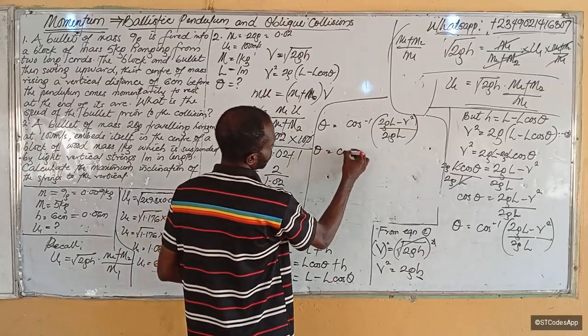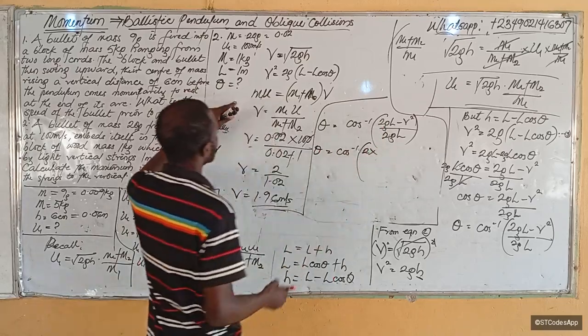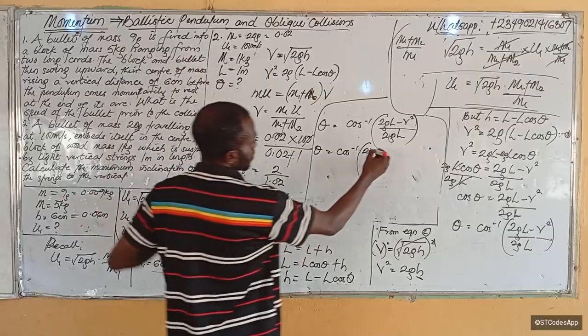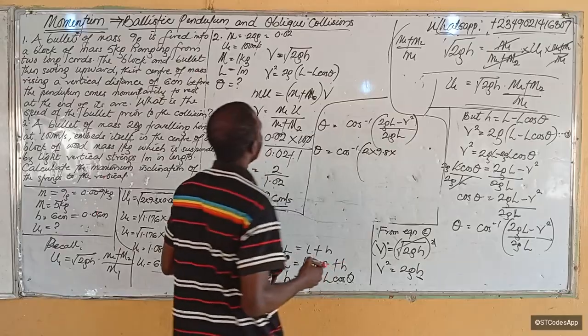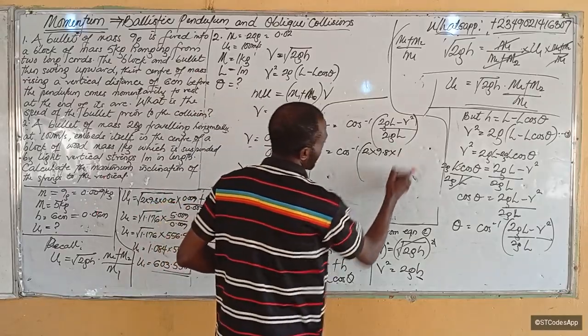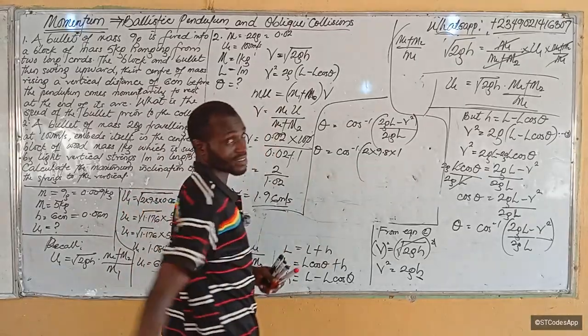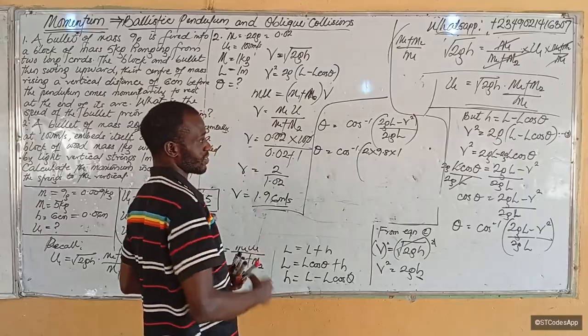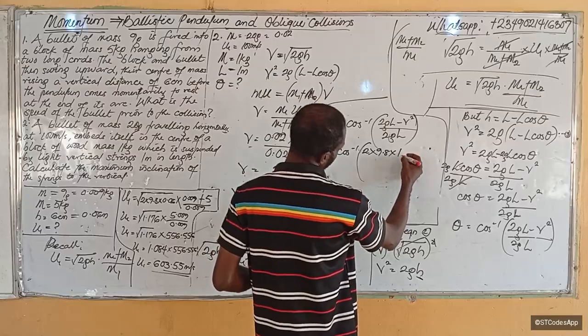So our angle theta equals the cos inverse of 2 times g, let's use 9.8 for g, times L. Usually I like to use 10 for g because it's sweeter, I can calculate faster, but let's use 9.8.